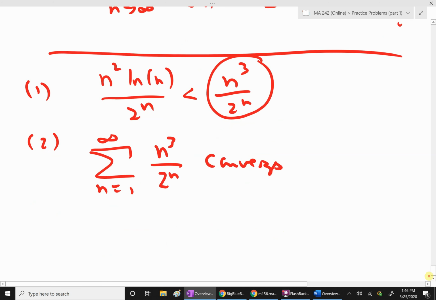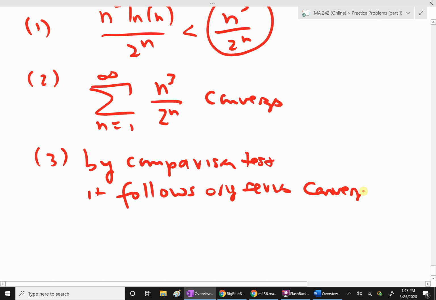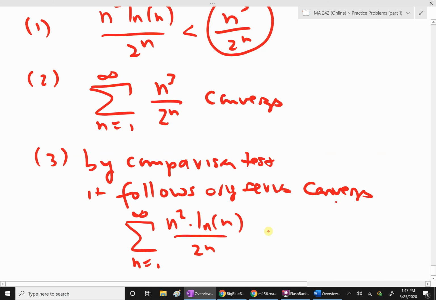So it follows by the comparison test that my original series converges. Therefore I can conclude that the sum from n equals 1 to infinity of n squared natural log of n over 2 to the n converges.